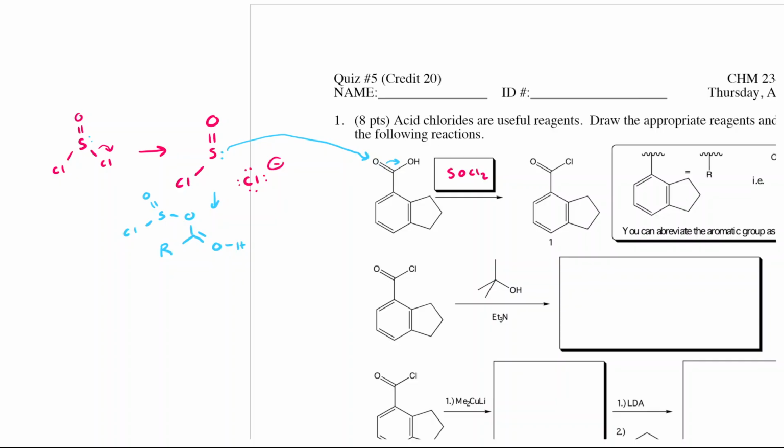Okay, moving forward, the chloride that we just drew is going to add into the carbon we have here, which will push the pi bond onto the oxygen there.